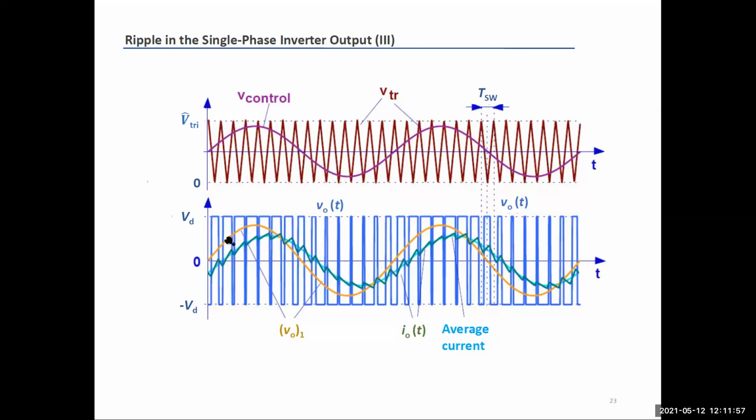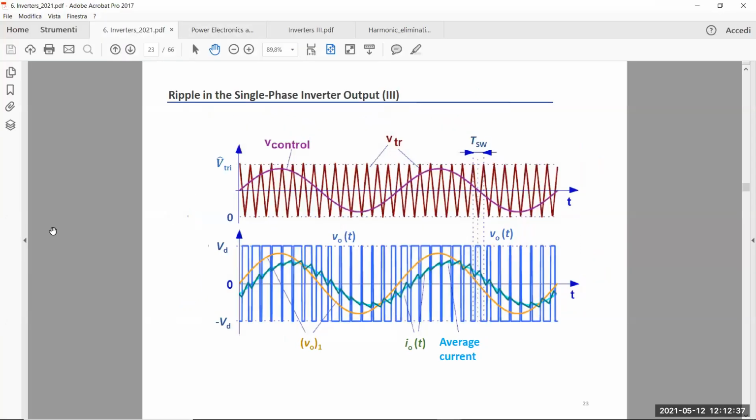The current lags the voltage. And you can see there is the green curve, which is a sine wave. This is the fundamental component of the output. And superimposed on this fundamental component, you have this sawtooth waveform, the dark green curve, which is the ripple we previously derived. As I showed you before. Okay, as you can see, the ripple is not constant. The ripple changes depending on the previously computed waveform.